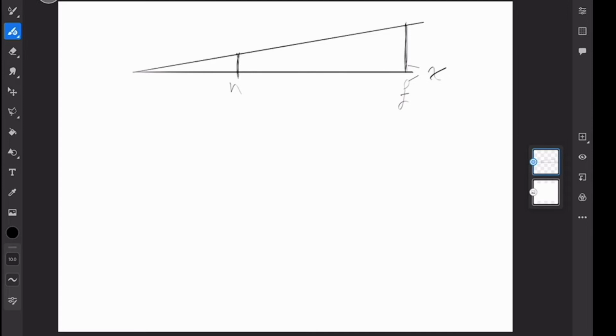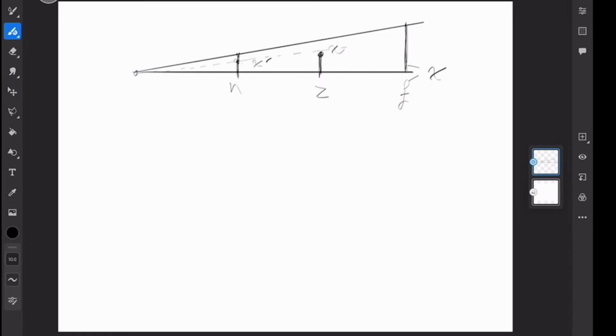And there's some point somewhere which has an x point and some distance, which is somewhere between the near distance and the far distance. Our viewer is over here. And what we want to do is cast through and find what the x-dash coordinate should really be in this case.